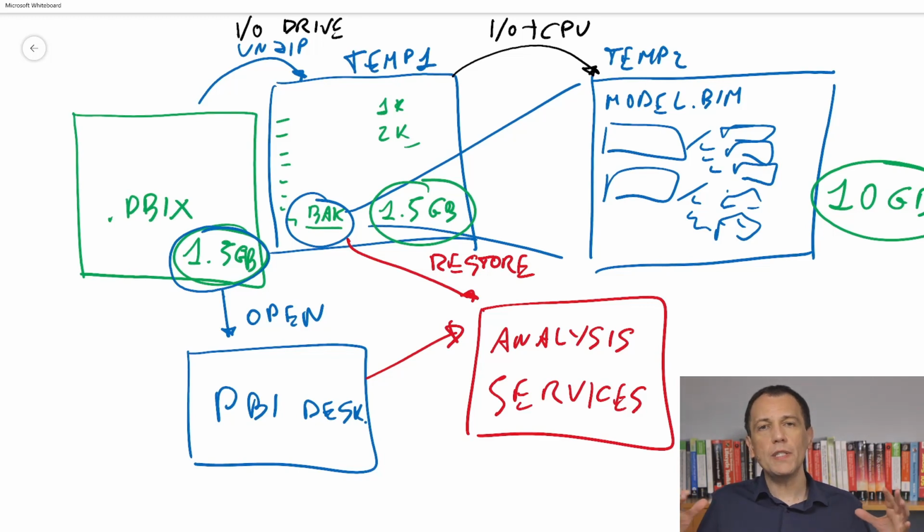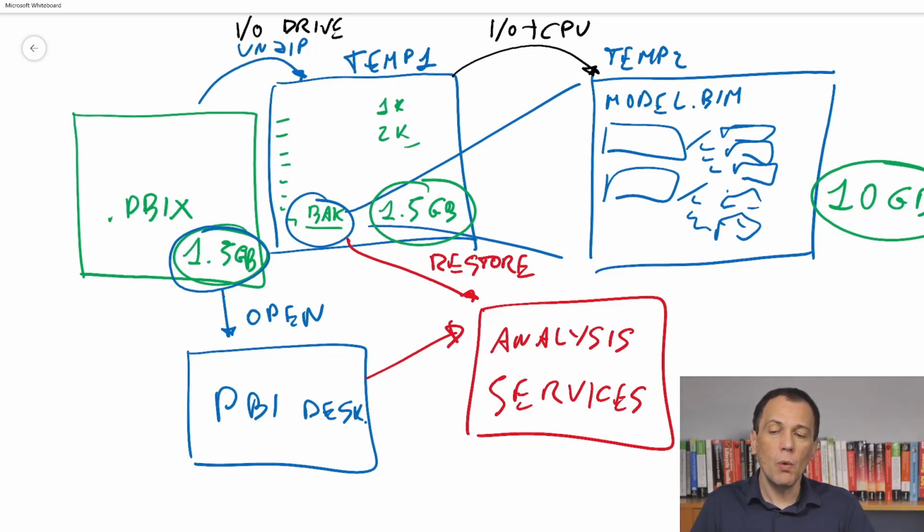You have seen that once we had our Analysis Services process, at a certain point it was around 25 gigabytes and then dropped to 10 gigabytes. Why? Because during the restore, we have additional memory consumption that is then deallocated and released to the operating system.